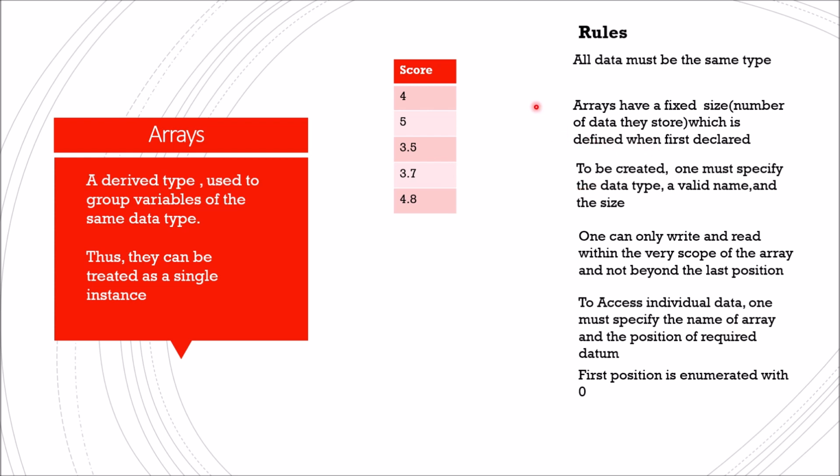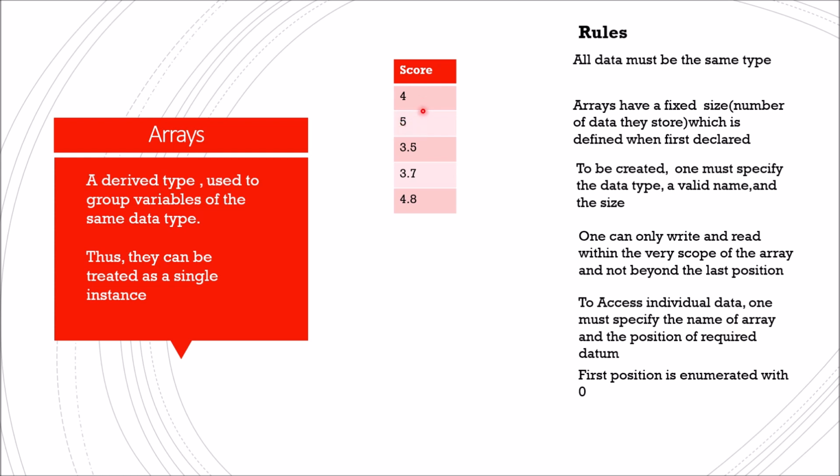Also, to access an individual datum, you will have to use the common name of your array, and then specify the position. It is known as indexing. For instance, let's say that I want to access this value of 5.